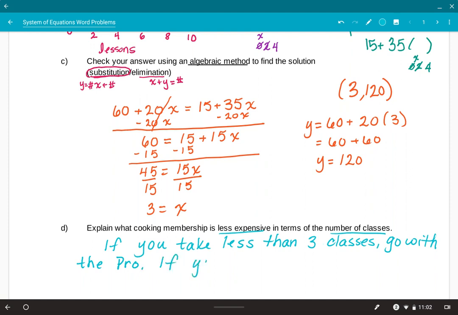If you take more than 3 classes, running out of room. Sorry about that.